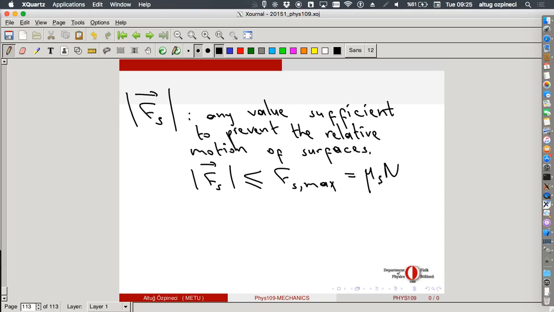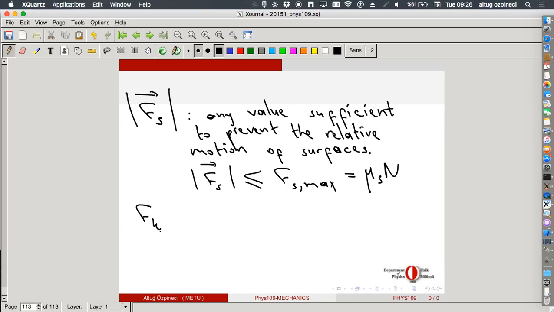We know that the friction force and the normal force are perpendicular to each other. The normal force is perpendicular to the surface. The friction force is parallel to the surface. So these two vectors are perpendicular to each other, but their magnitudes turn out, at least the maximum value of the static friction force and the magnitude of the normal force, to be proportional to each other.